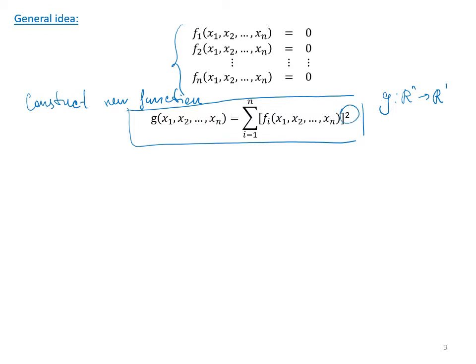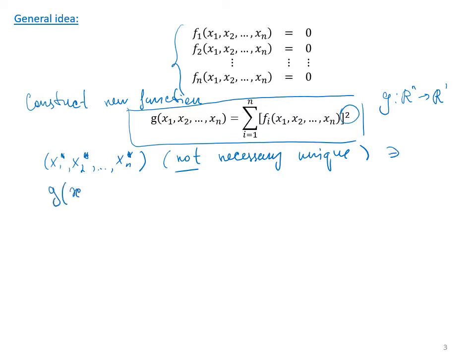there exists a point, let's say x1 star, x2 star, ..., xn star, not necessarily unique, such that function g at point x is greater or equal to the value of this function g at point x star.